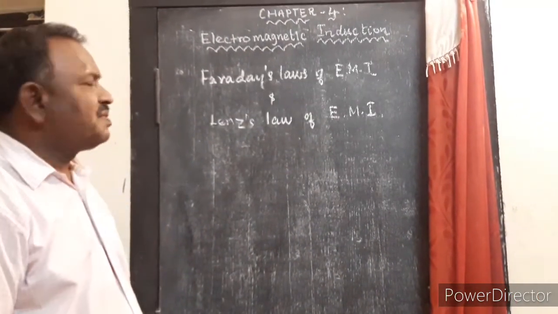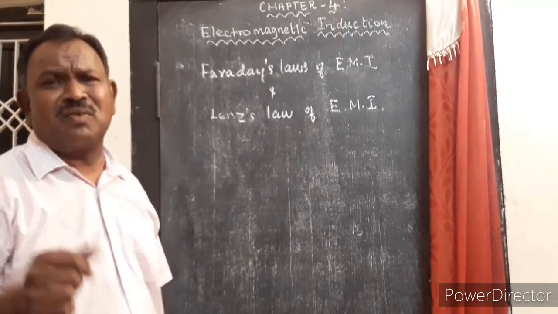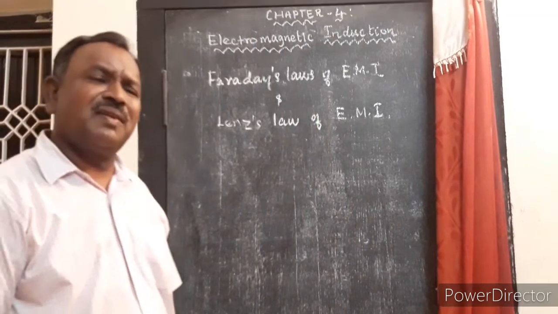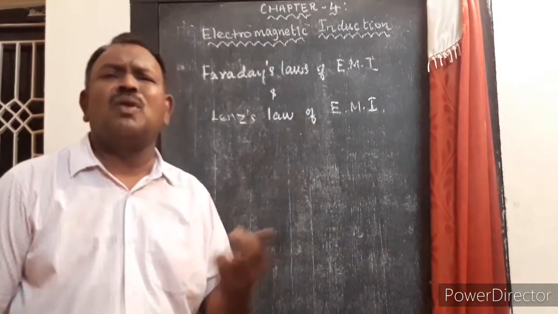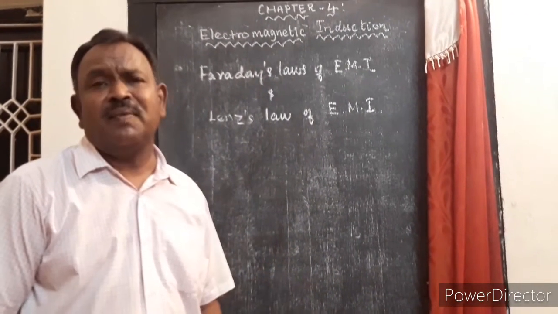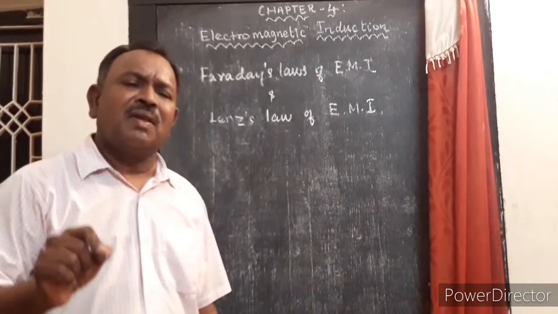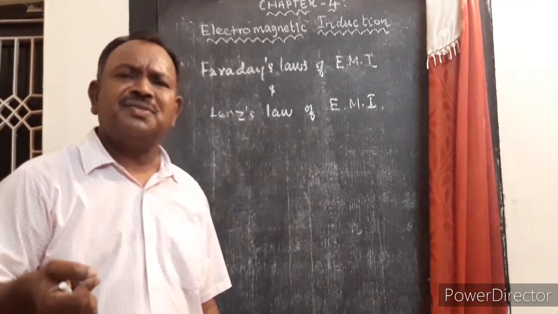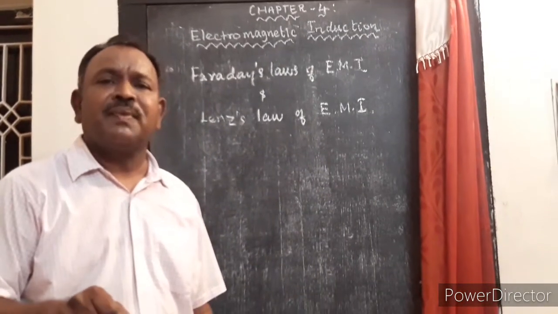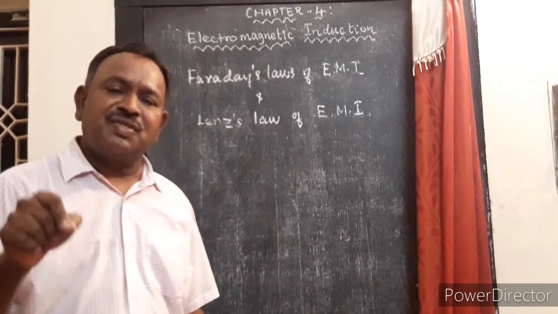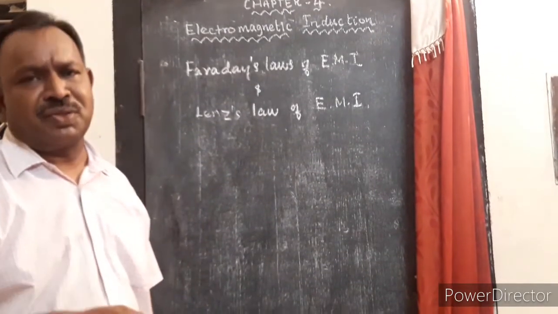Last class we have seen Faraday's laws of electromagnetic induction, last part. We have 2 laws. The first law: whenever there is change in the magnetic flux linked with the circuit, an EMF is induced and it lasts as long as the change in the magnetic flux continues.